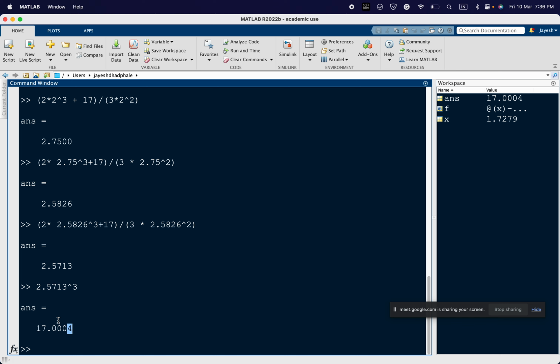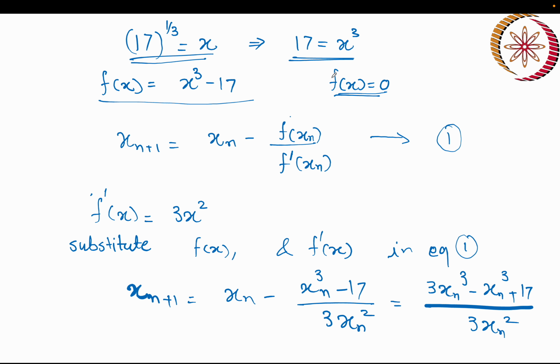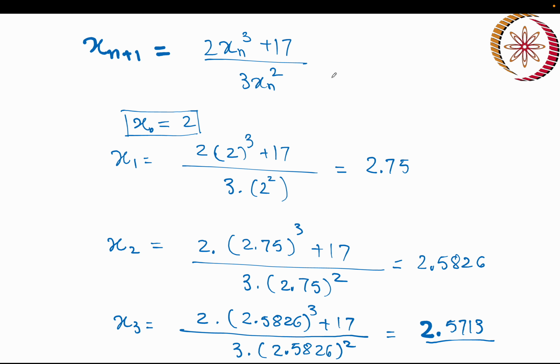There is a small error, so it is a better approximation for the actual cube root of 17. So 2.5713, the second option, is the answer that we get after 3 iterations when finding the cube root of 17. Okay, I hope this is clear. So with that we will go to the next question.